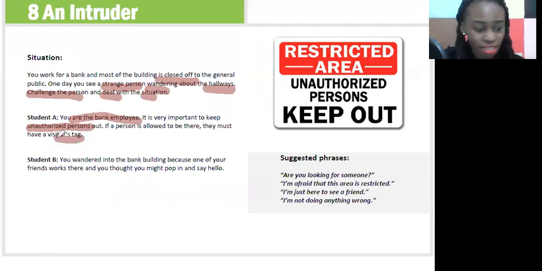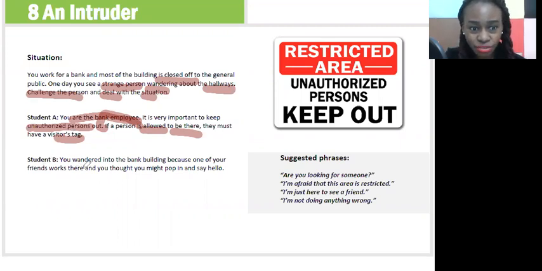So visitor's tag böyle bir kart, bir yere gittiğinde sana veriyorlar, giyiyorsunuz ve böyle yürüyorsun. Demek ki ben bir misafirim ve izinliyim buraya olmak. So o kişi, yani if a person is allowed, yine allow izin vermek. So bir kişi orada olmaya, to be there, izinliyse, if var, onlar bir misafir kart olması gerekiyor.